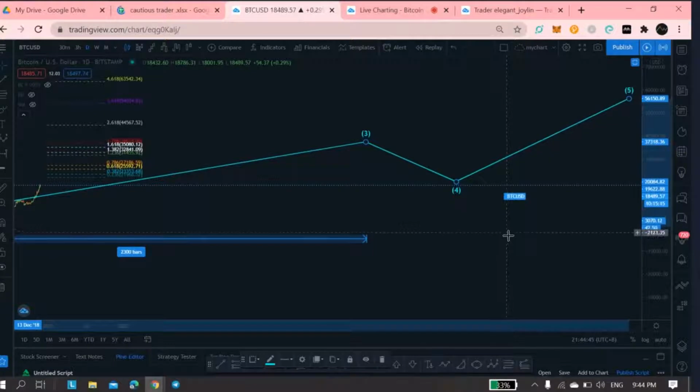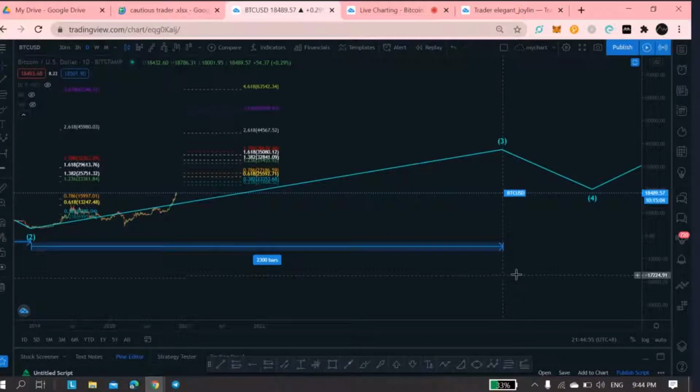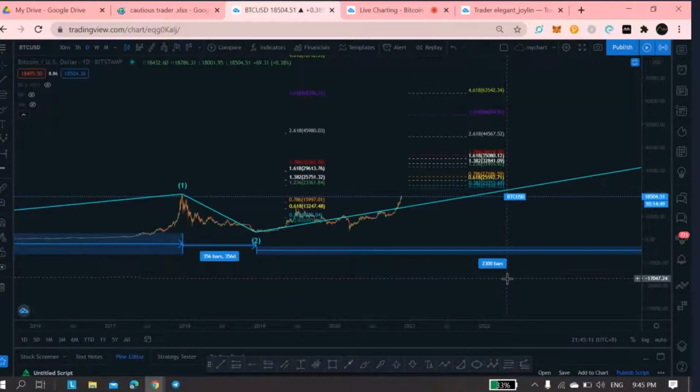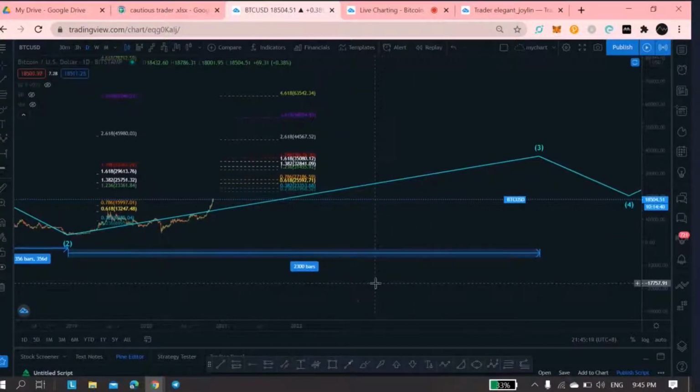So wave 5, on a conservative note, we can use the same length as wave 3. Sometimes wave 3 is the biggest or the longest, sometimes wave 5. But we'll just use the same length for this one. For wave 4, that's around 1 year, more or less. So we'll just use 356 days from here.